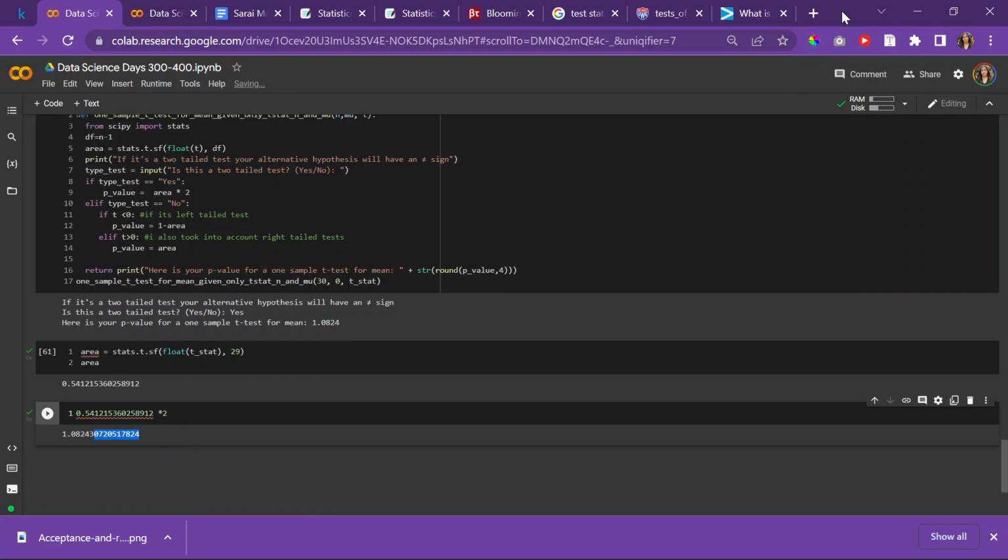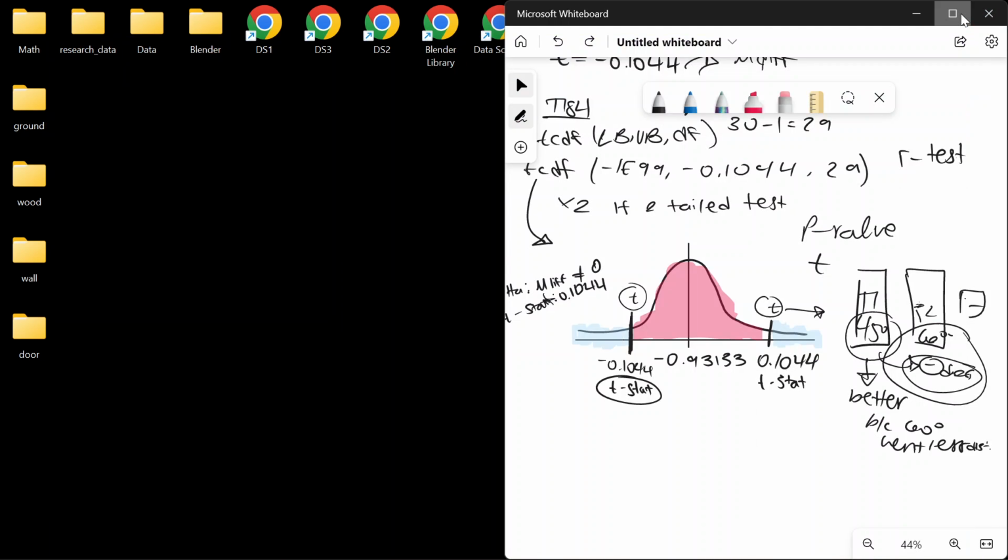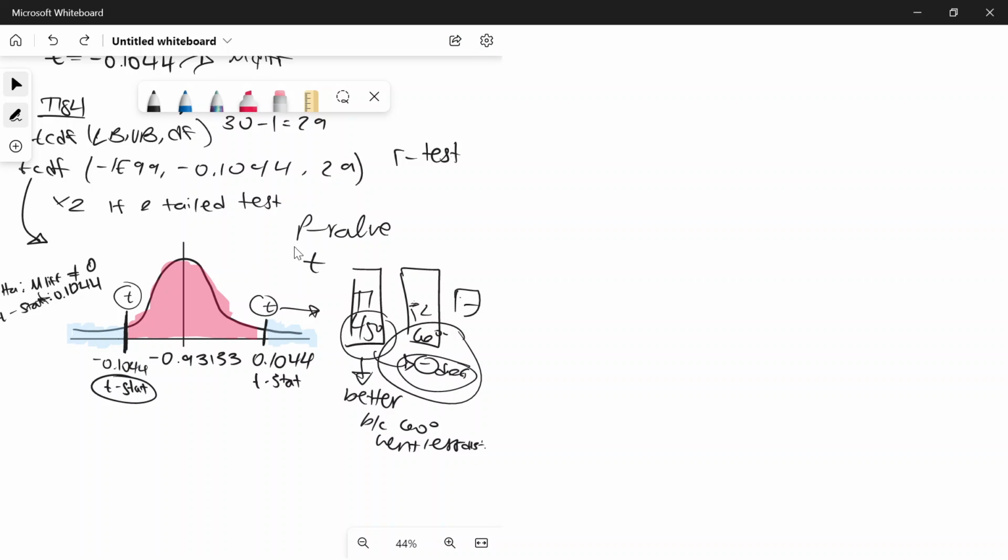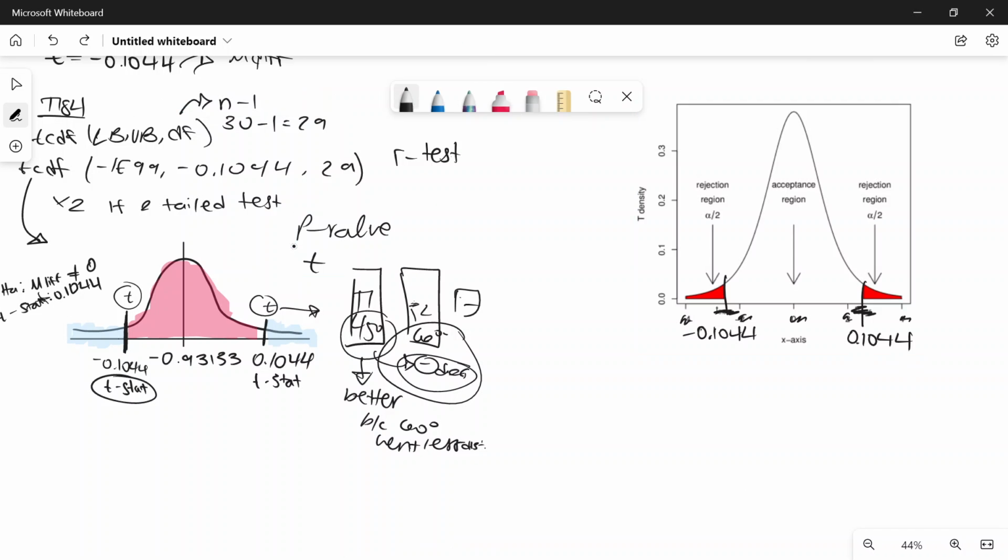Okay, so essentially, I'm going to put decimal places, so 0.5412. The area here is 0.5412. And then that means that over here, 0.5412. And so we take that 0.5412, and then we multiply it by 2, and we get 1.08 something, and that is our p-value.